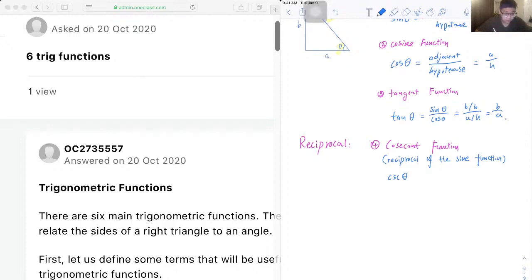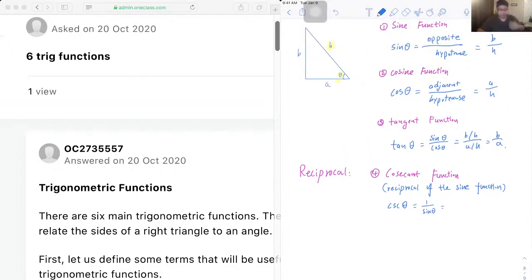So cosecant theta is equal to 1 over sine theta. Recall sine theta is b over h. So if we take the reciprocal of that, it's going to be h over b. We just switch the position of numerator and denominator.